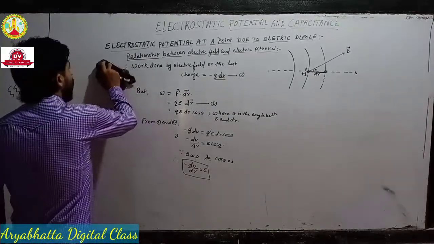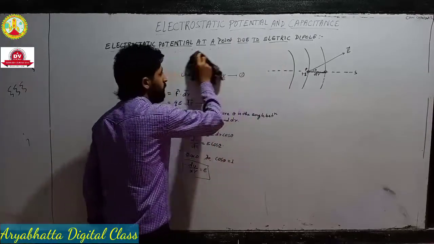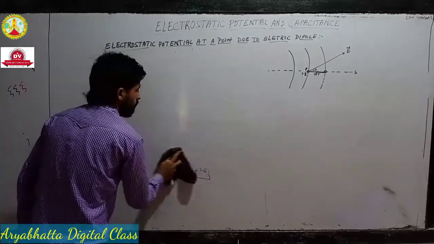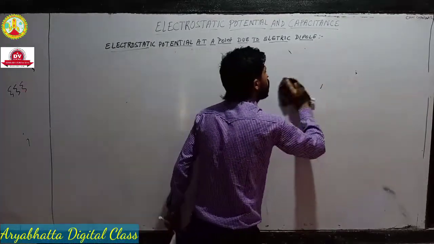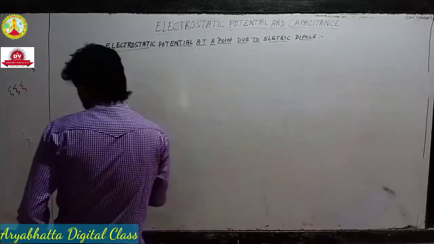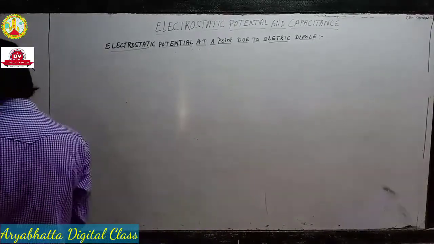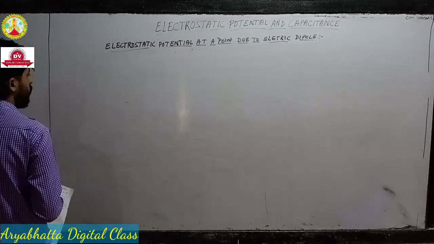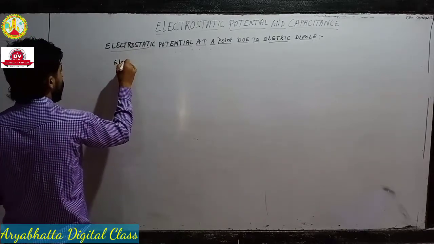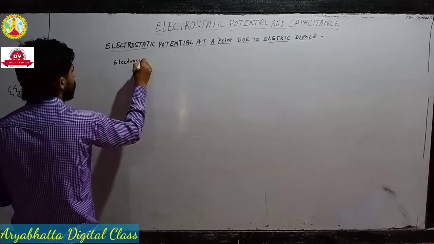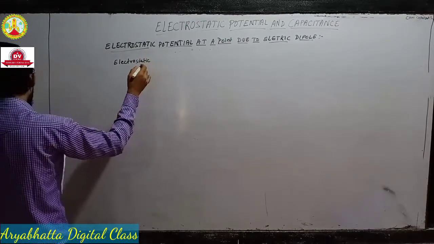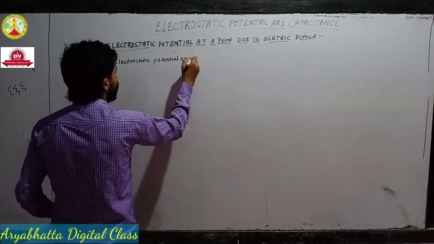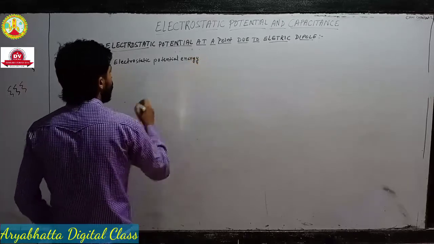Okay. Now I shall move to the next topic. This part is clear, I guess. So our next topic will be electrostatic potential energy of a system due to 2 point charges. I repeat the words potential energy.